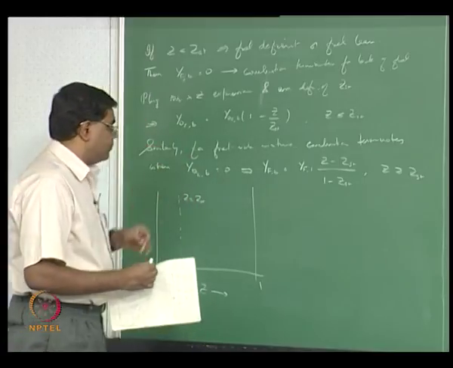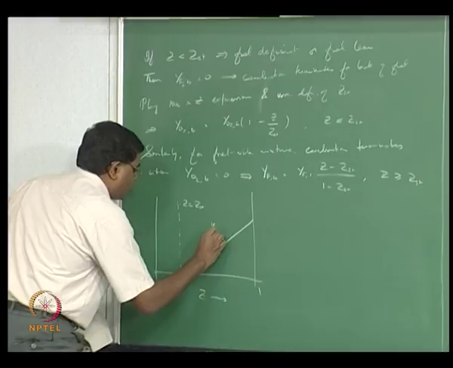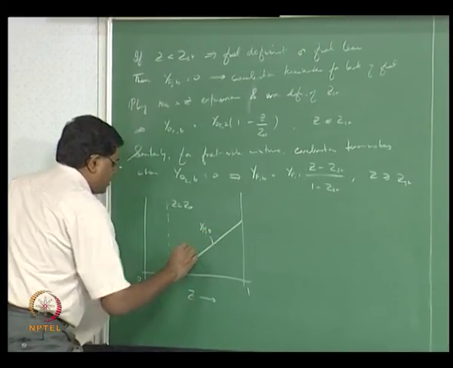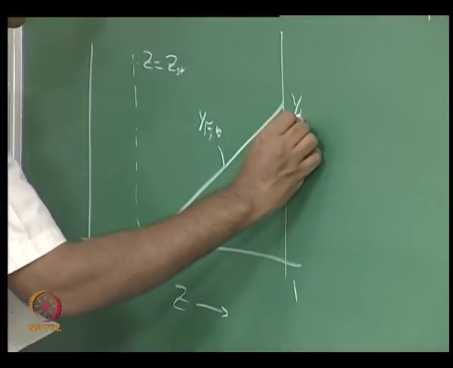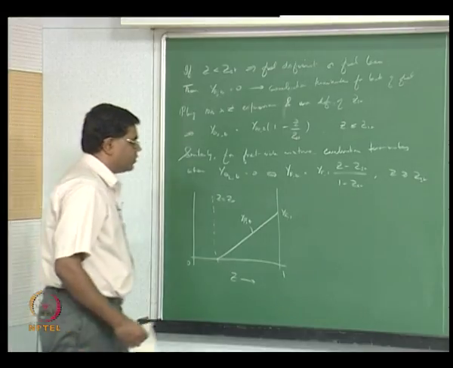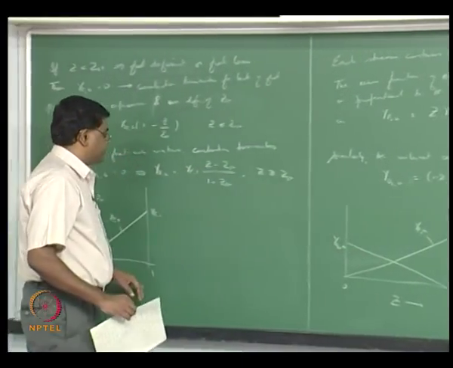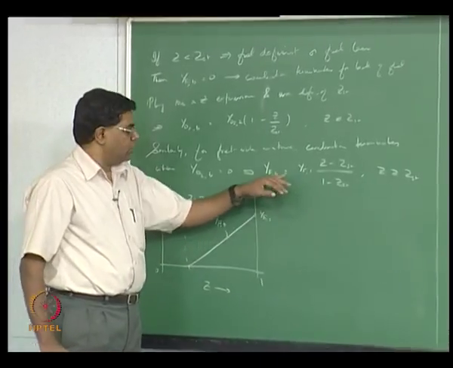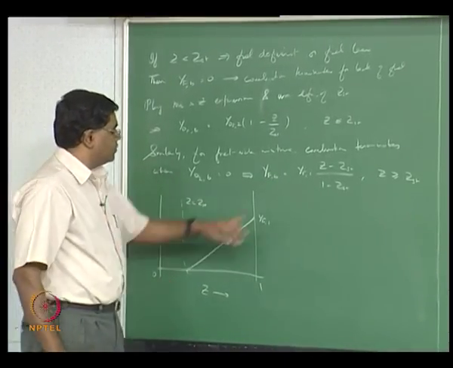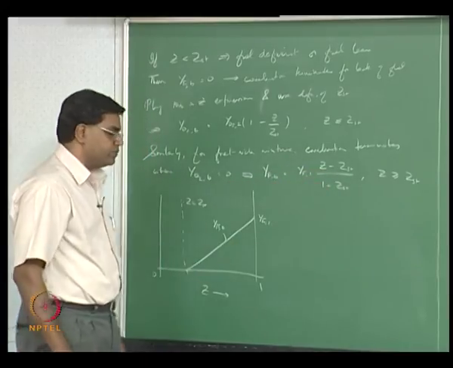okay. So this goes, so your YF comma B is going to go all the way from 0 to YF comma 1, right. As a matter of fact, when you go to this corner, when Z goes to 1, YFB goes to YF1, all right.